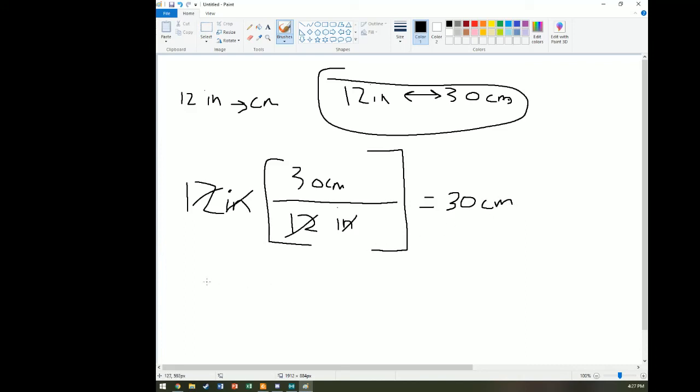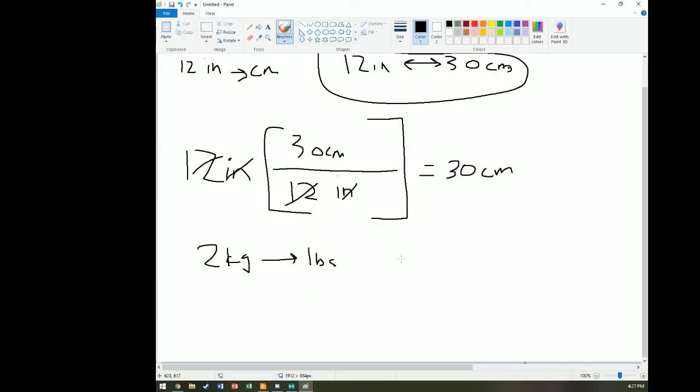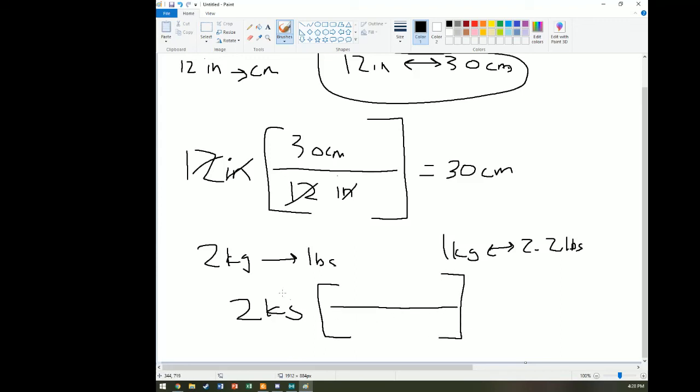Alright, what if I wanted to convert 2 kg into pounds? Well, I happen to know that a kilogram is 2.2 pounds, I think. So if we write out our conversion factor, again, we want to write the fraction in such a way that the units will cancel.